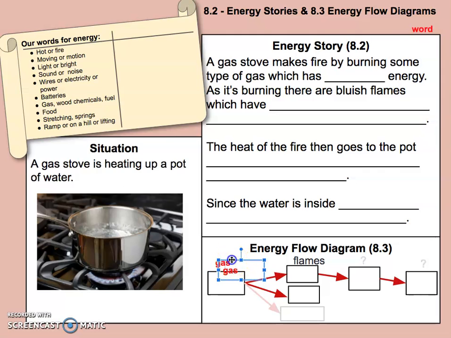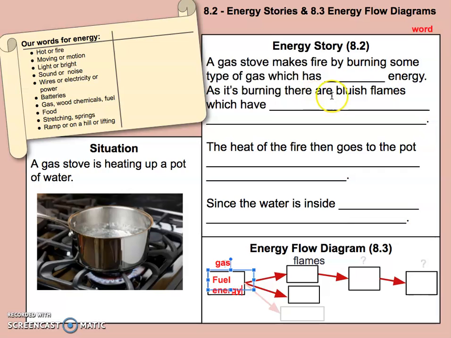And for what type of energy it is, you could call it gas energy. You could also call it fuel energy. You could call it chemical energy. But it's all kind of similar. It's stuff that you burn. So gas burns, and so I'm just going to call it fuel energy.